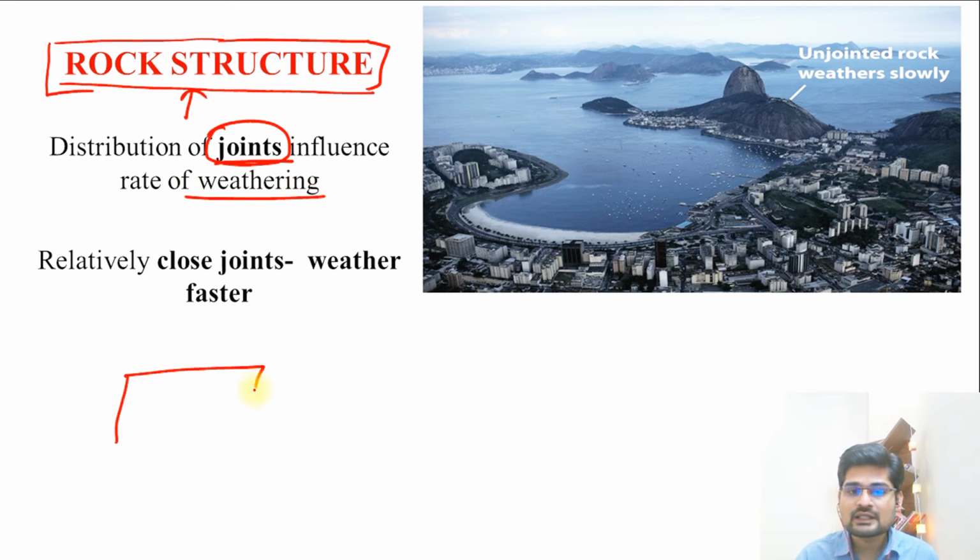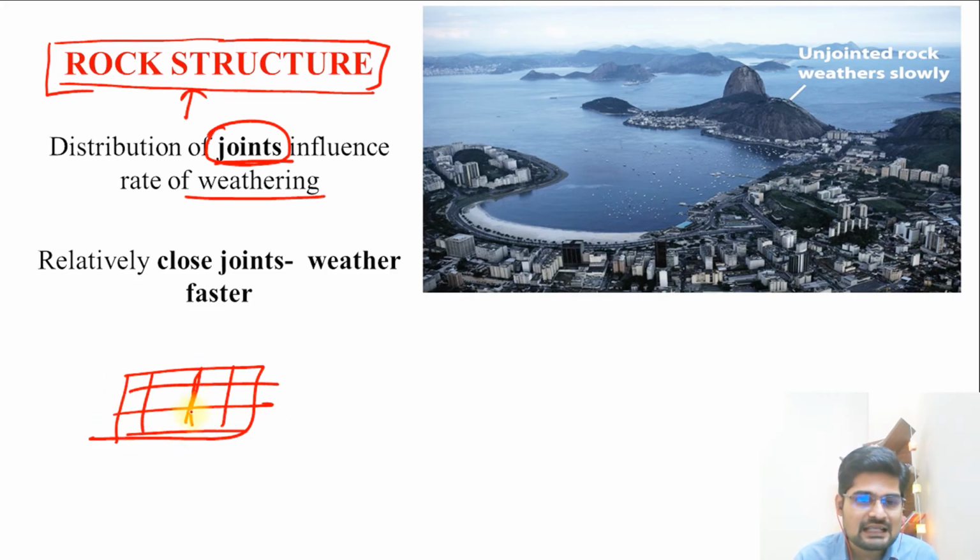Now why? Suppose this rock fragment is highly jointed, it means there are these lines of weakness along which it can break away further. So these joints are those lines where weakness is there, where the most probability of weathering down is there. That's why if rocks are heavily jointed, they are more prone to weathering.